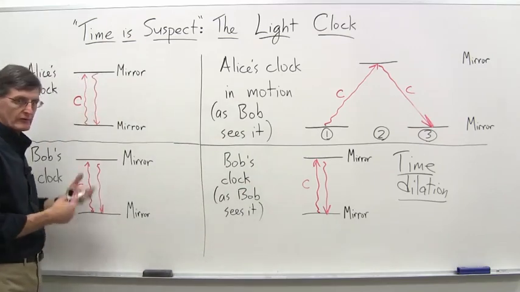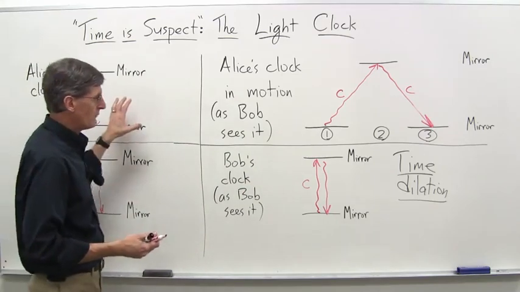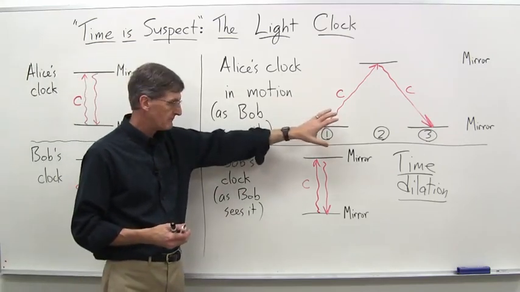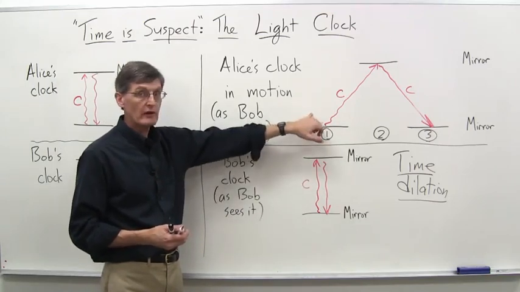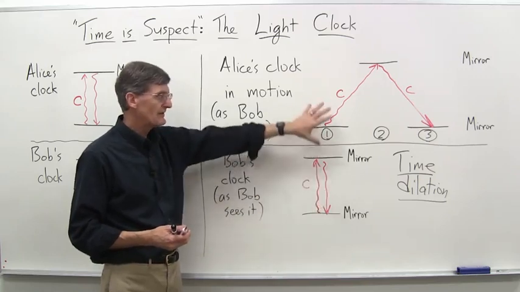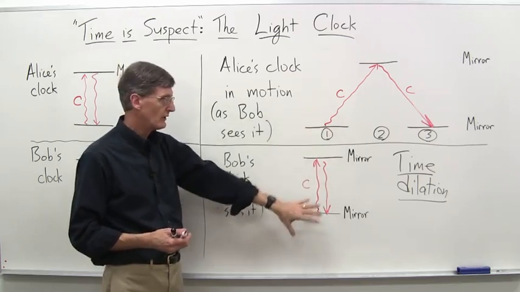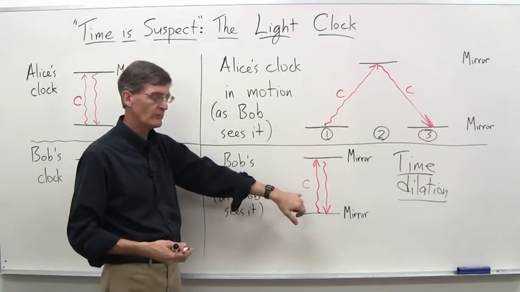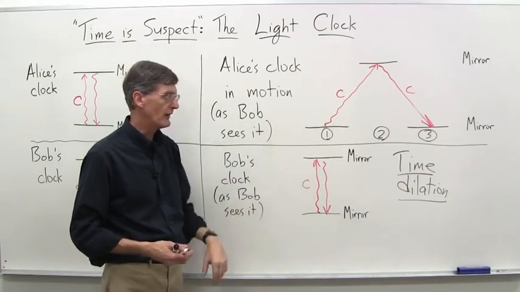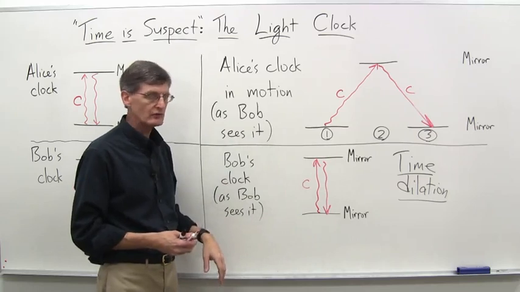When they're at rest, they're synchronized, so they run just fine. Put Alice's clock in motion, though, and Bob's clock ticks away nicely. Alice's clock, from Bob's perspective, is ticking more slowly than his now. Her moving clock runs slow compared to his clock. That's known as time dilation.